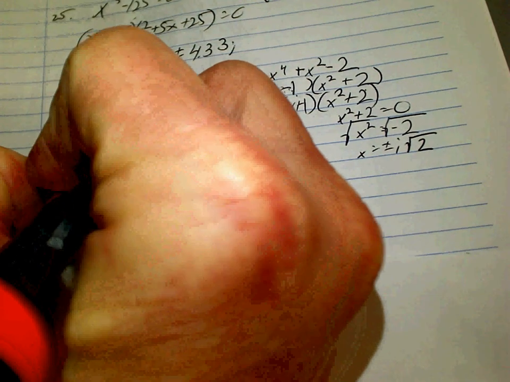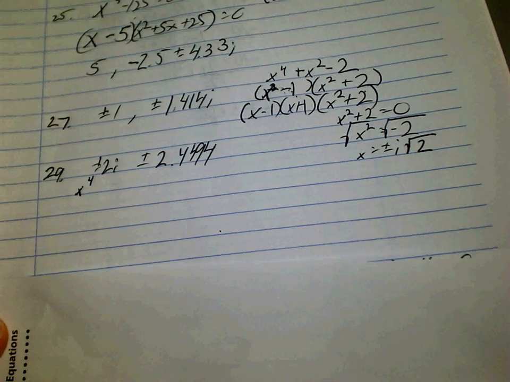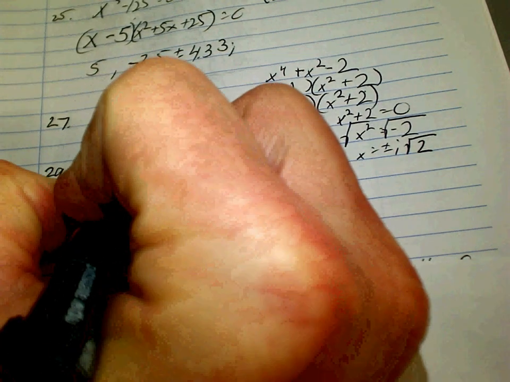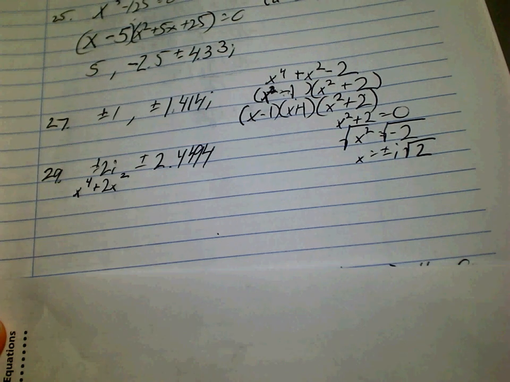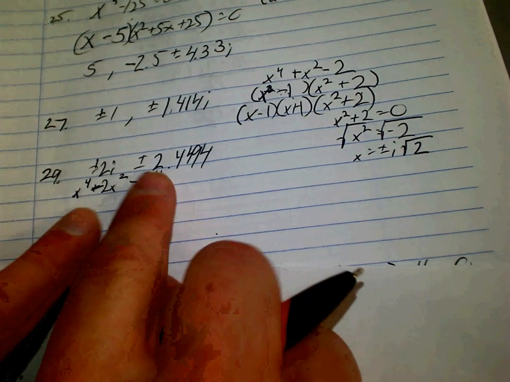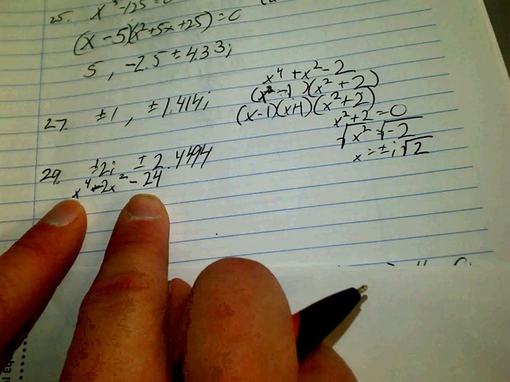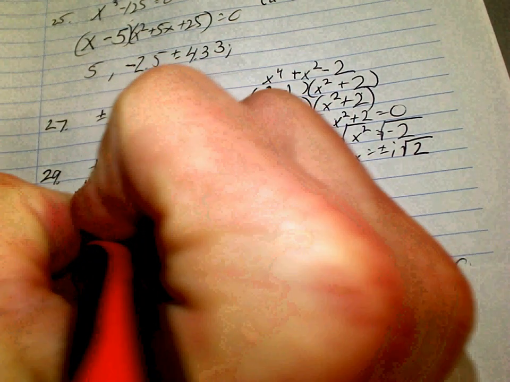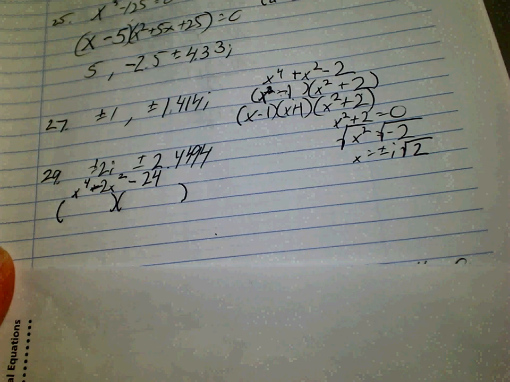Tell me, 29 is x to the fourth, right? Is it plus 2x squared? Minus 2x squared? Thank you. Then what? So let's try to backwards FOIL this. It is a trinomial that I believe we can figure out what two factors multiply together to make it.